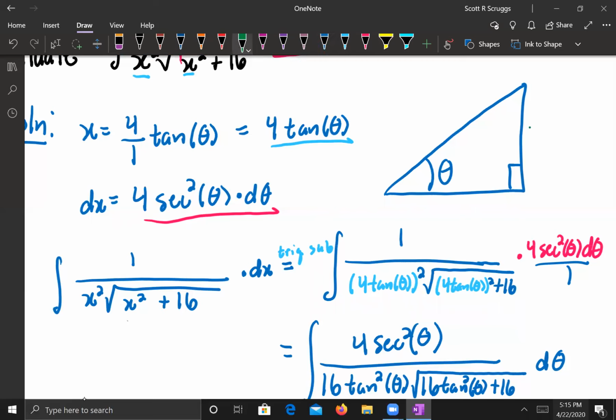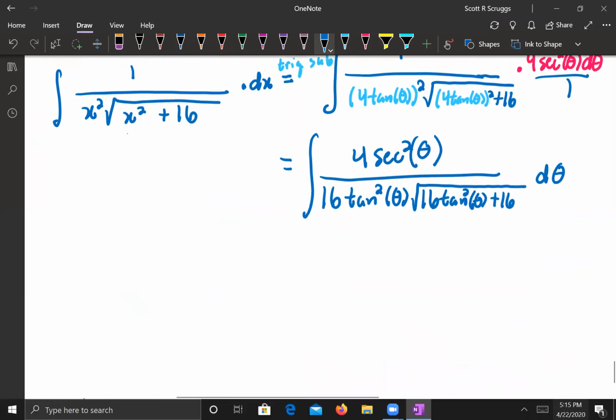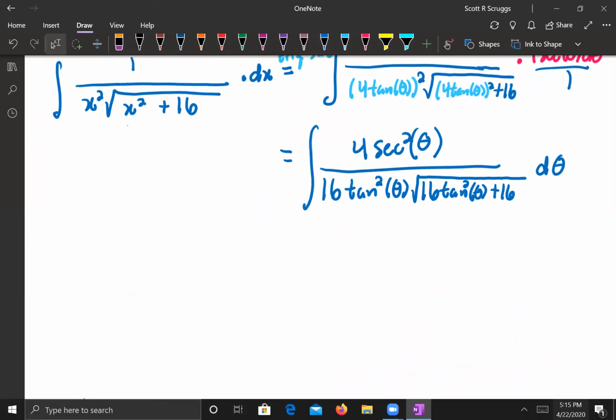So my opposite will be x, my adjacent will be 4, and my hypotenuse will be the square root of x squared plus 16. I'm going to use that at the very end when I need to convert back into x. But now let's go back to the integral, and let's try to simplify.